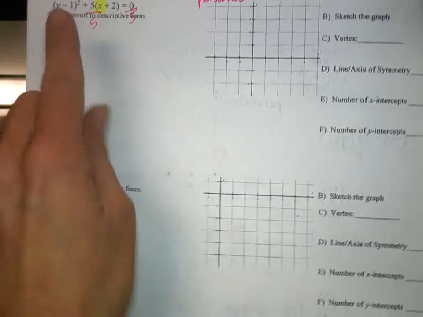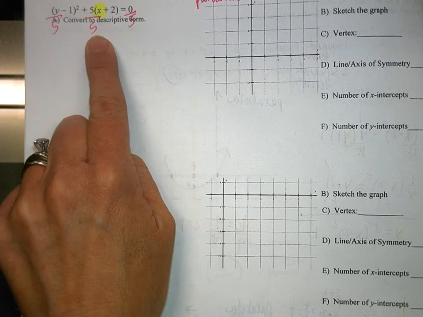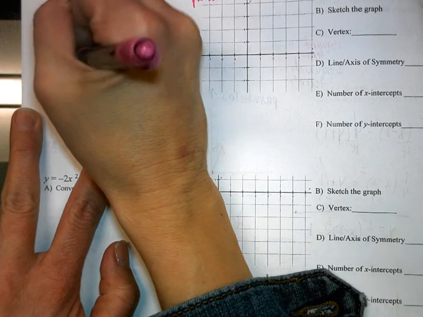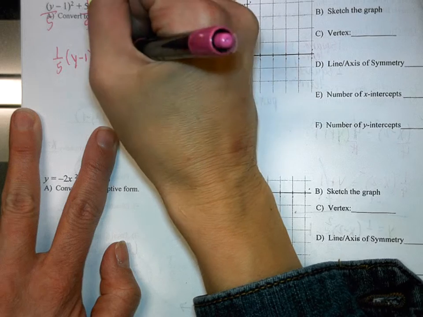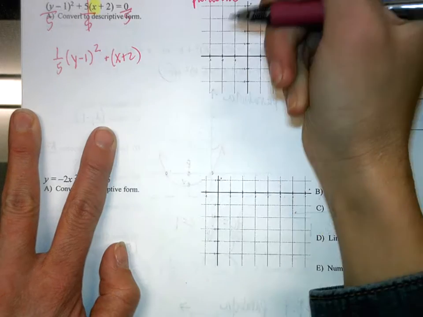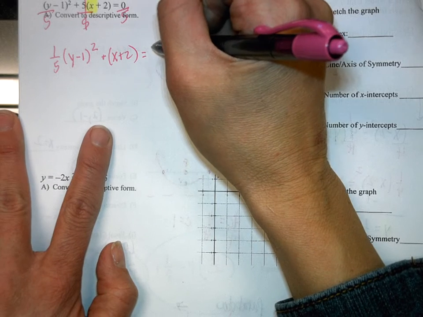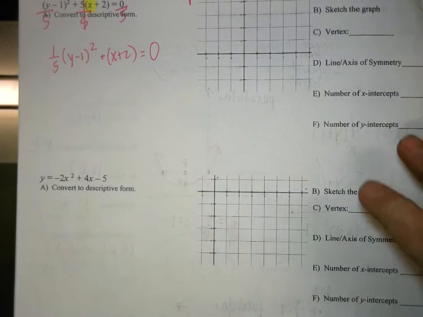This 5 is connected with this parentheses, so when I divide by 5, these cancel out. You would have 1/5 y minus 1 squared, and then we still have plus x plus 2. You can keep it in parentheses or not. Equals, and then we would have 0.